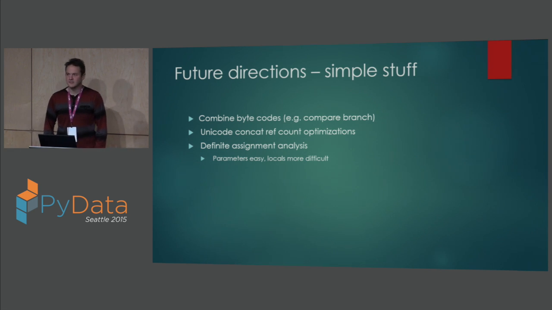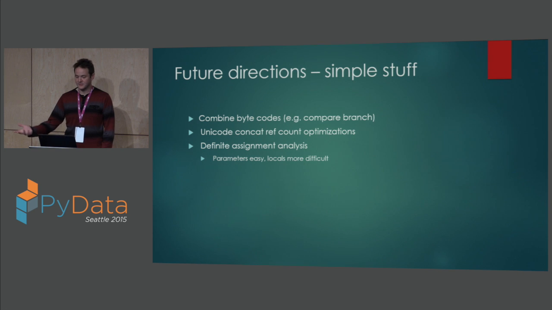There are some things like you will compare two values and then do a value check if they're the same, right? Or check if it's true. So A equals B, is this true? In those cases, we can merge those opcodes into one piece of generated code, and we would avoid pushing a true onto the stack, bumping its ref count, popping a true off the stack, decrementing its ref count, and so on.